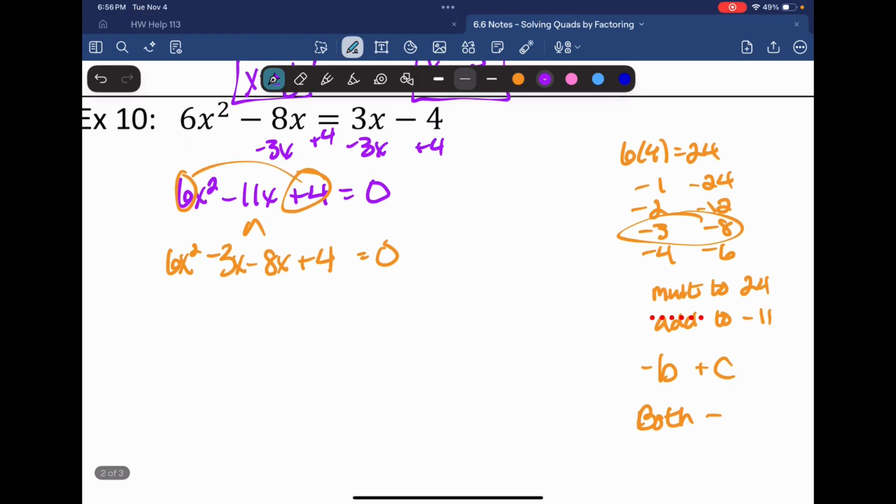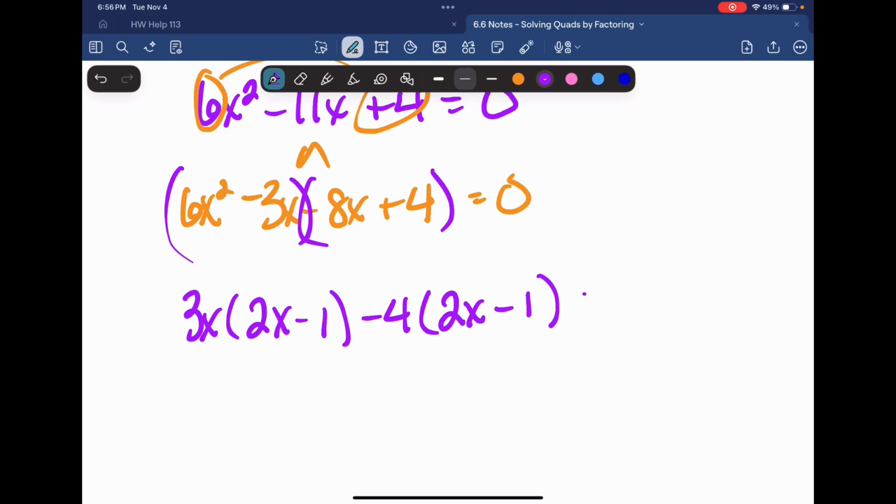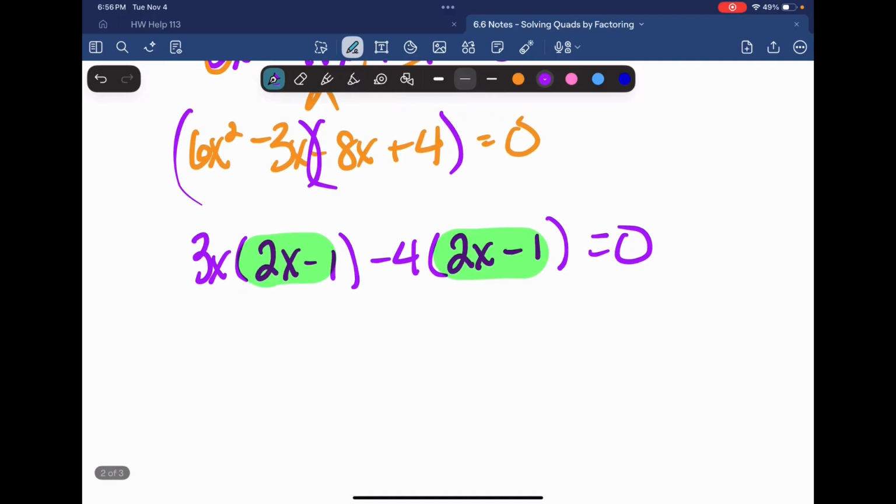Group. GCF. Bring down that minus sign you see there. It's subtle, but it's there. Common binomial. Whatever is left.